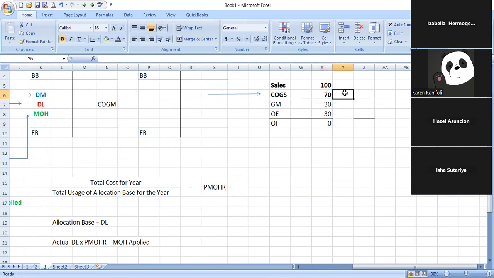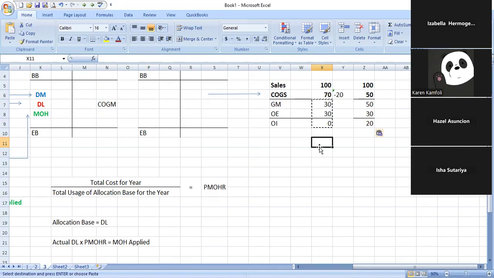Understated. I should deduct those 20. If I deduct those 20, in reality, I should be making money, right? That should be 50, and this one will be the same. So in this case, I'll be making $20,000. But because I'm overcosting my product, currently it's showing that I'm not making money.